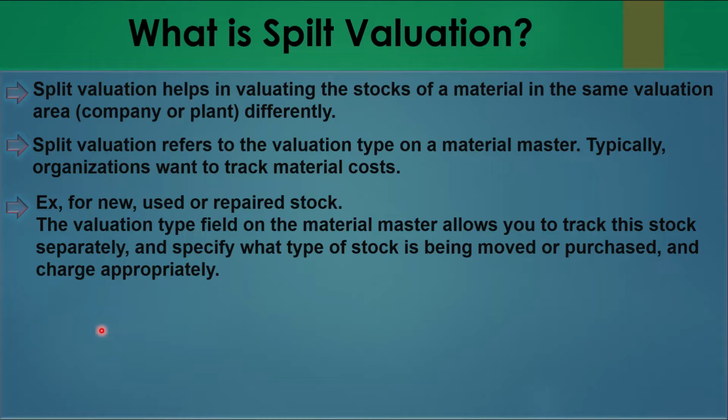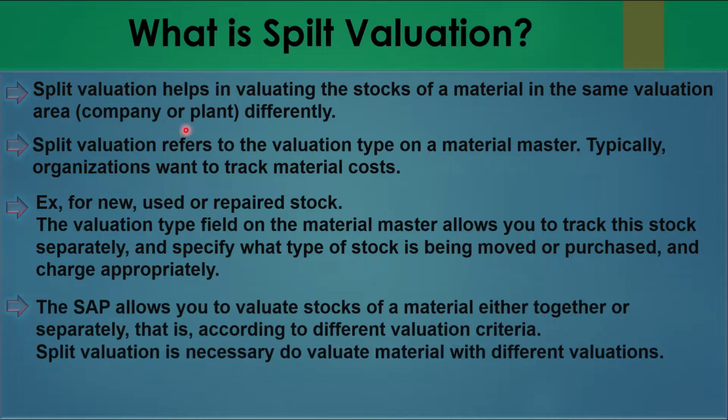So SAP allows you to evaluate stock of a material either together or separately, according to different valuation criteria. We will see that in the next slides. So split valuation is necessary to do a valuation of a material with different valuations.